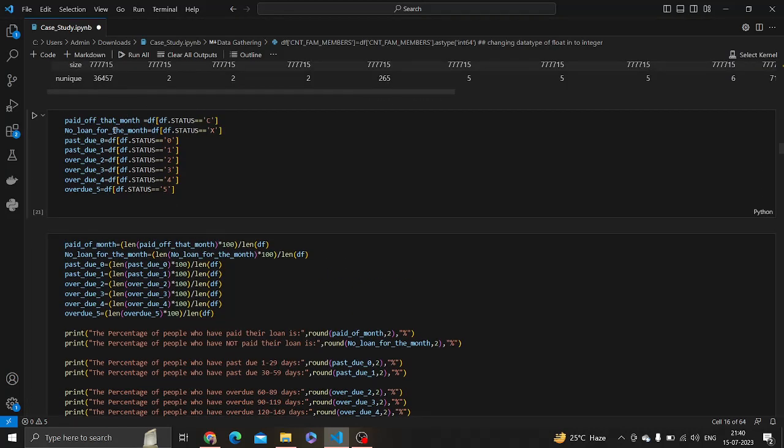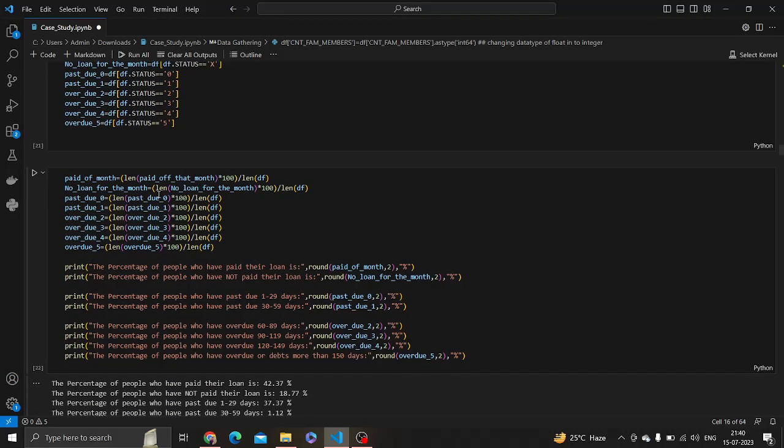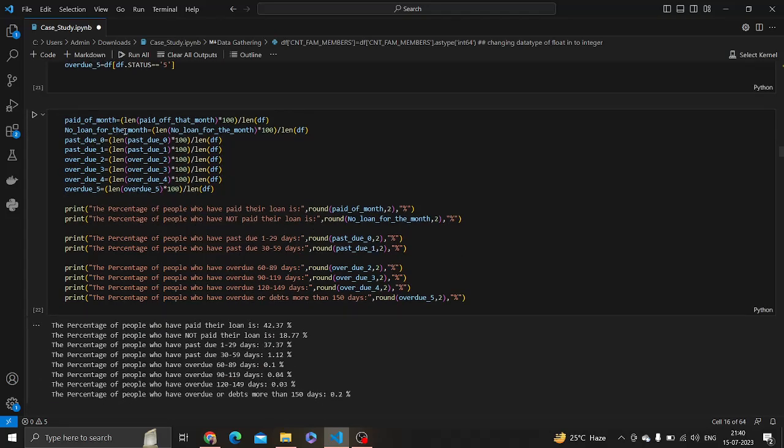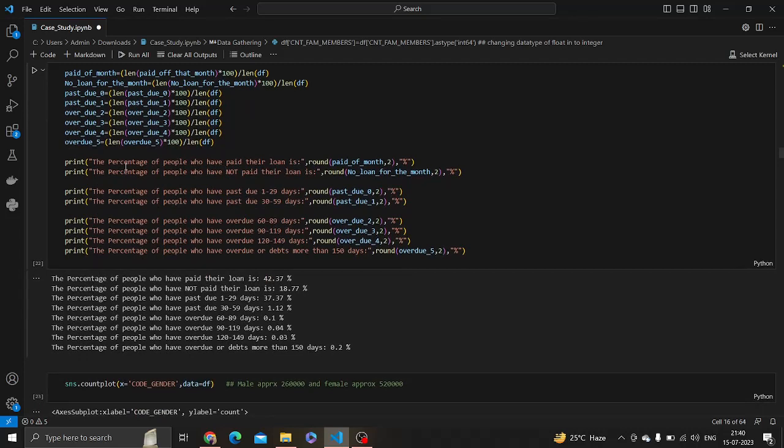So I'm getting the data into it and then counting how many records, how many percentage of the people who have paid their loans. Okay, so I'm counting the length of paid for that month, then into 100 divided by total data frame. So that is the thing. And so I found out the percentage of people who have paid their loan is 42.37%.